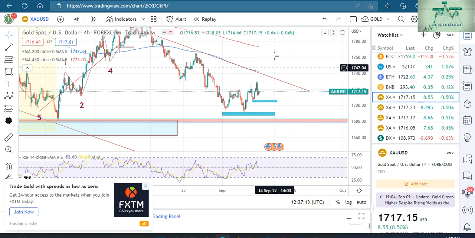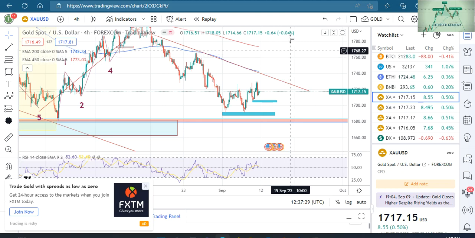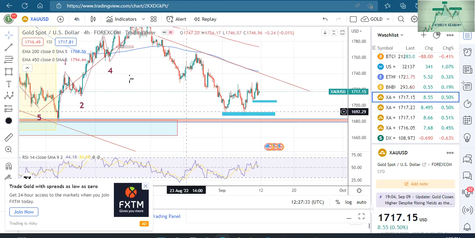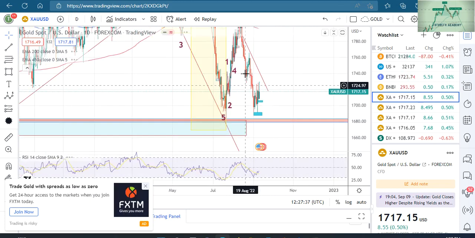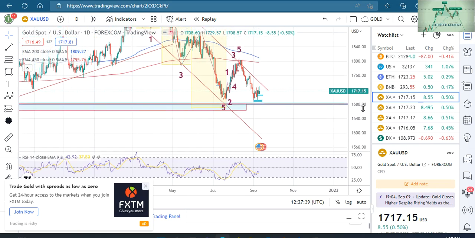So at least I'm expecting it to move to somewhere around 1741 before it can terminate its third wave, then give us a wave four. Then we have our wave five, maybe to be terminated somewhere around there, in order to complete the actual wave circle from the bigger picture.